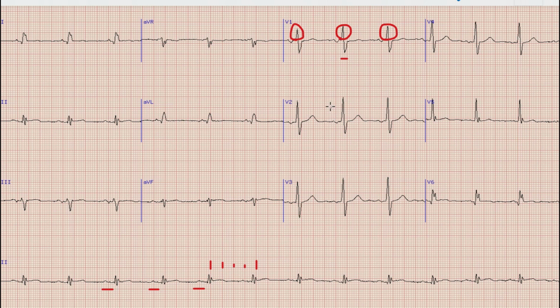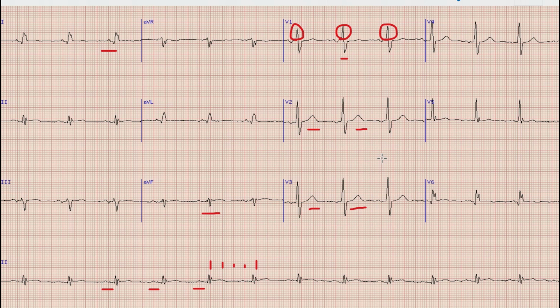But here in this case, as we discussed earlier, the axis is left axis deviation. Also, in cases of right ventricular hypertrophy, the right precordial leads, that is V2 and V3, have T wave inversion, which is not the case in this ECG. So right ventricular hypertrophy is less likely in this ECG.